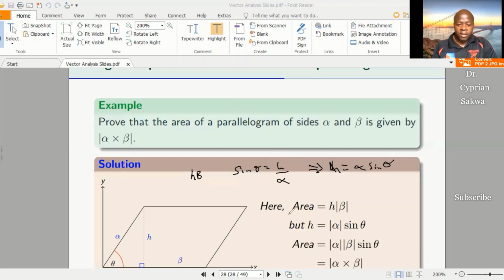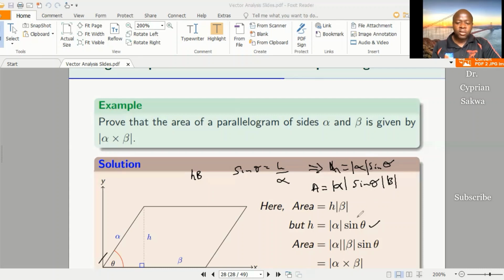Therefore, since area is given by H times the length of the base, we can substitute this where there is height. Instead of height, we write the length of alpha, sine theta, times the length of the base.